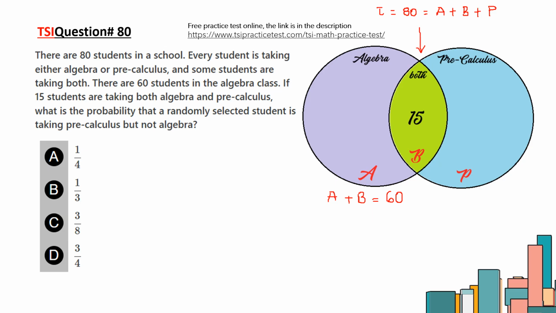We can solve for A now because B is 15, since 15 people take both. So A plus 15 equals 60. Subtract 15 from both sides, and A is equal to 45.